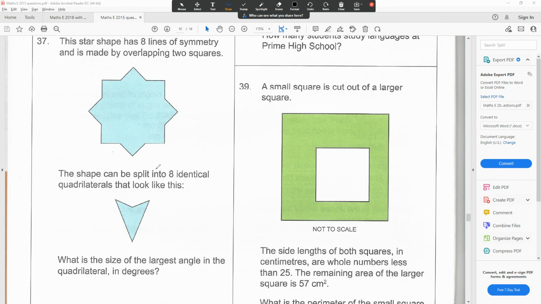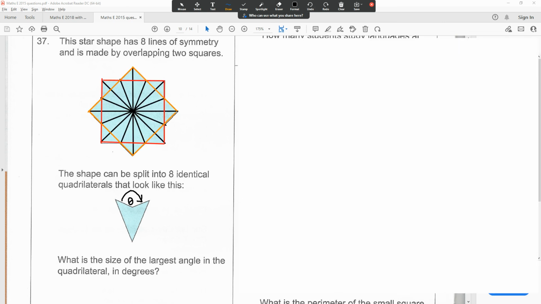So the shape can be split into 8 identical quadrilaterals. So how does that work? Where are these 8 identical quadrilaterals? How can I see them?